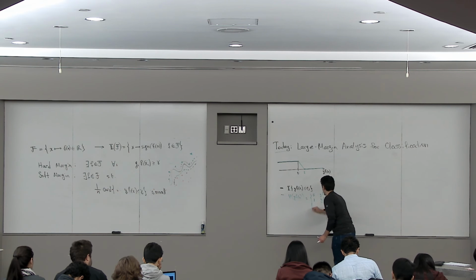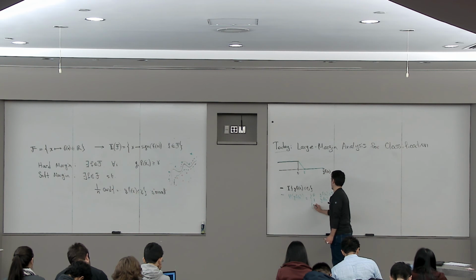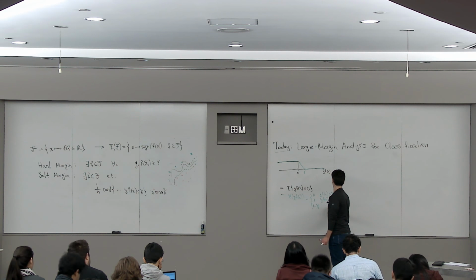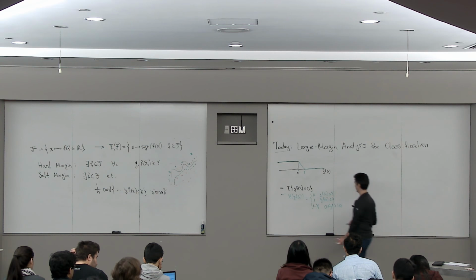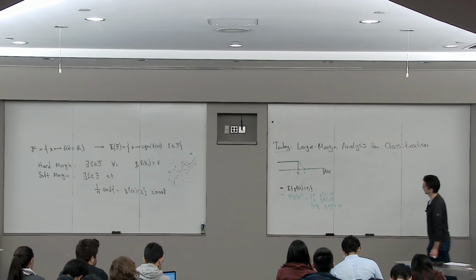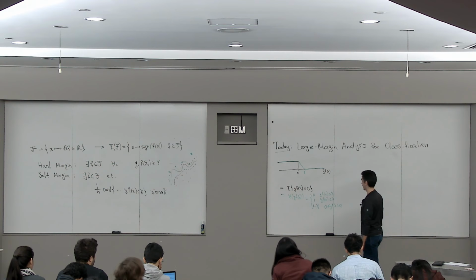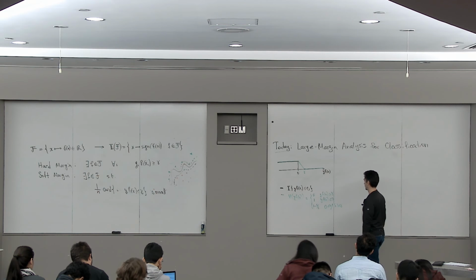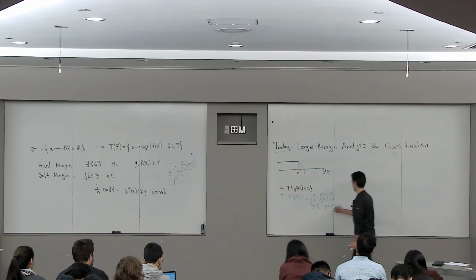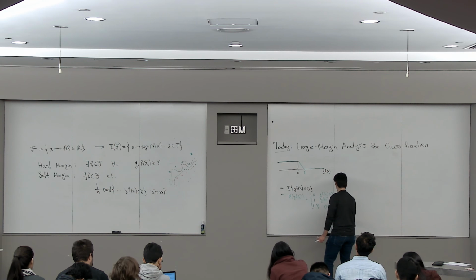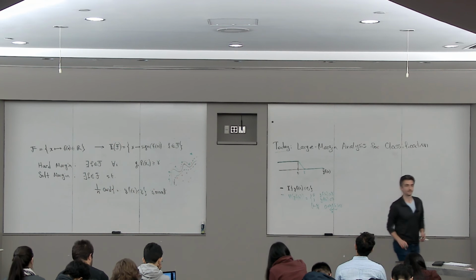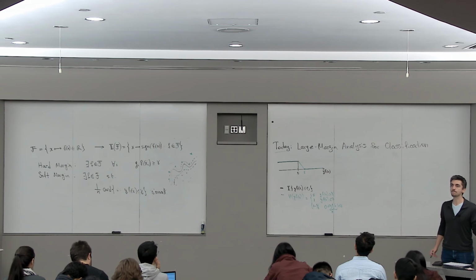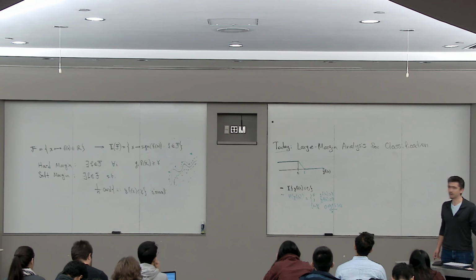And it's going to be 1 minus s over gamma when y f of x is between 0 and gamma. This is the s, right? Is that okay?